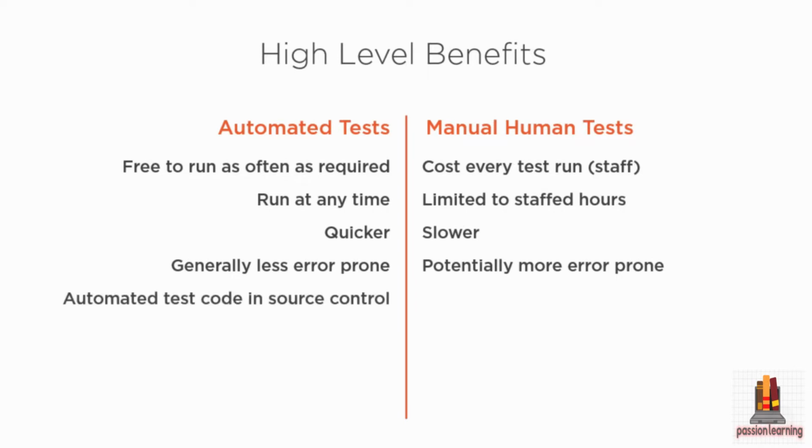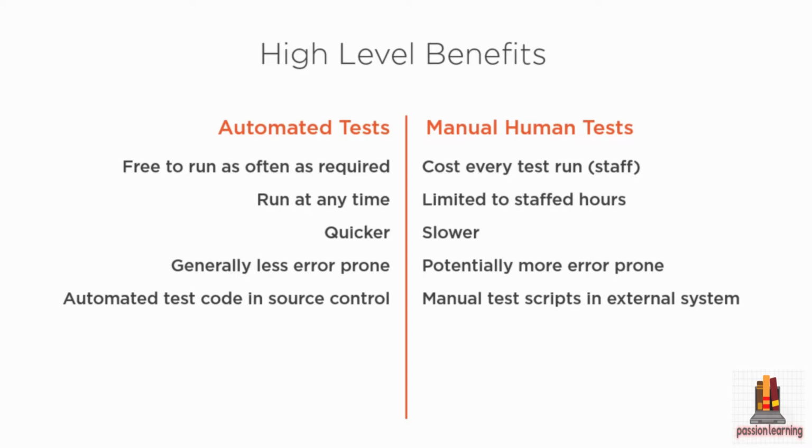Automated test code can sit alongside the production code that it's designed to test, for example in some source control system. This means that if we're working on multiple releases, for example, we can create branches in the source control system, and this means that the test code will always be in sync with the production code that it's designed to test. Manual human test scripts, on the other hand, may exist in some kind of external system, for example a Word document in SharePoint.